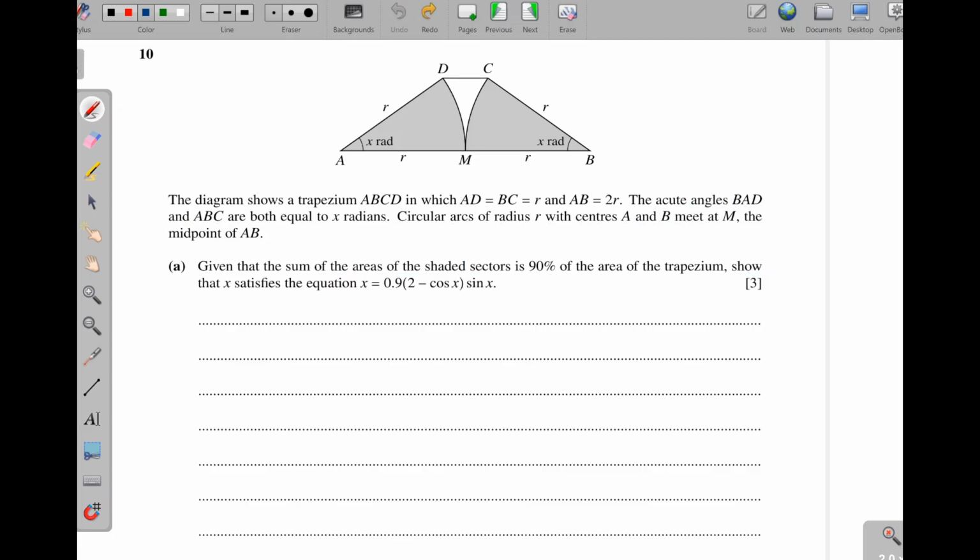Now, what do we have here? Of course, now here they are talking about the area of the trapezium. So if I'm to get the area of the trapezium, I need height. So I'm going to create one here, the height. Okay.